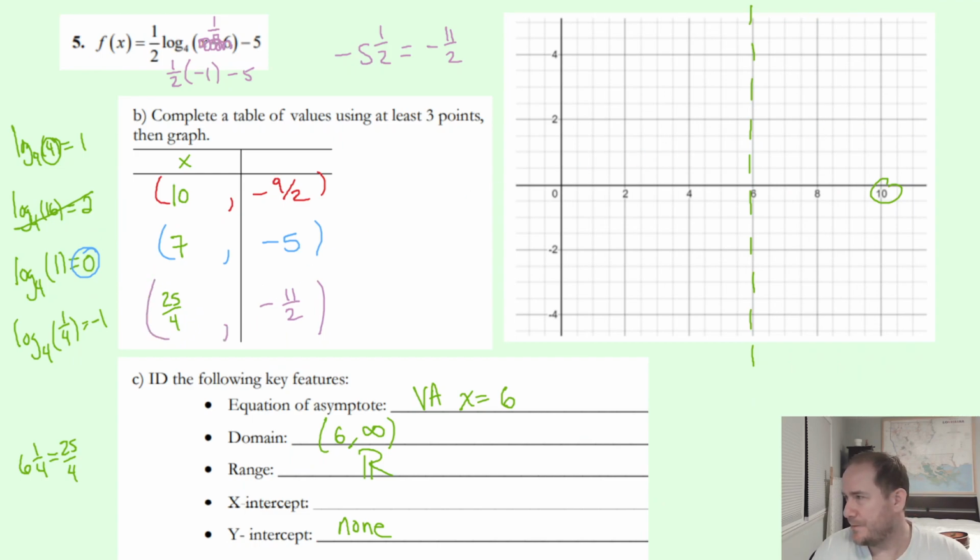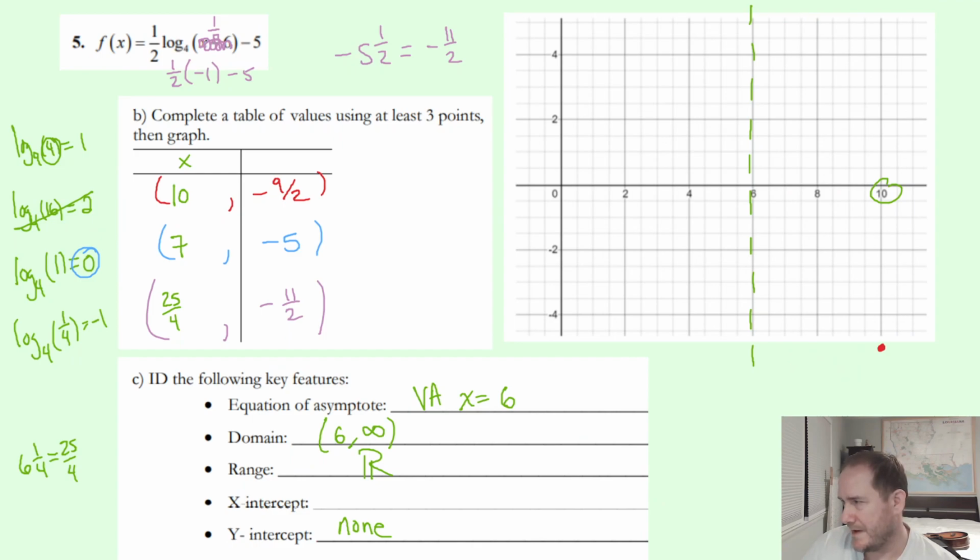So now we can plot these points. The red one will go to 10. Negative 9 halves is 4.5, so that's a little bit off the grid. I didn't really plan the grid out very well, obviously. They're all going to be off the grid.